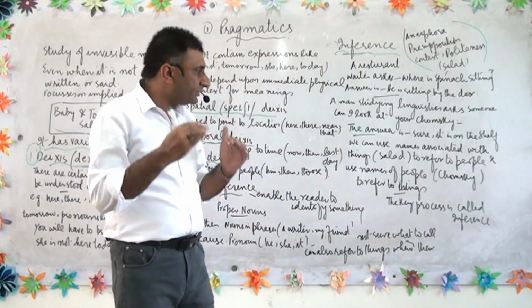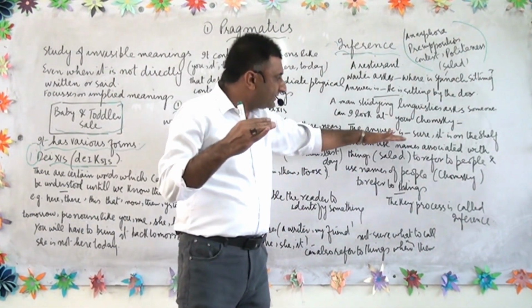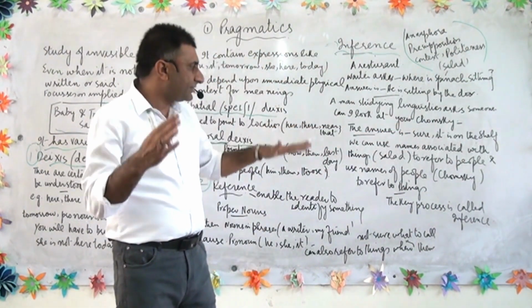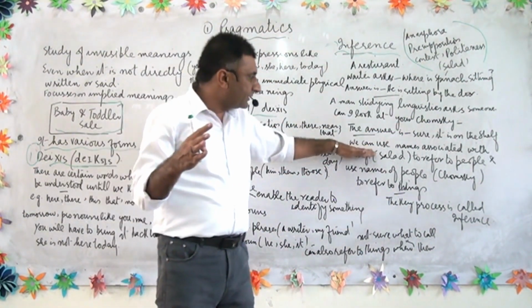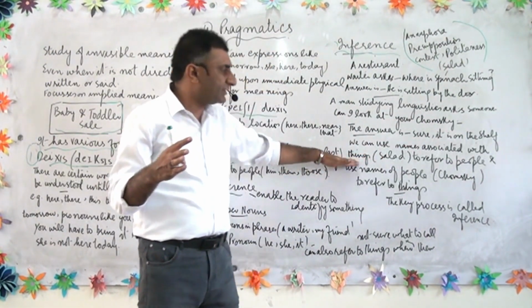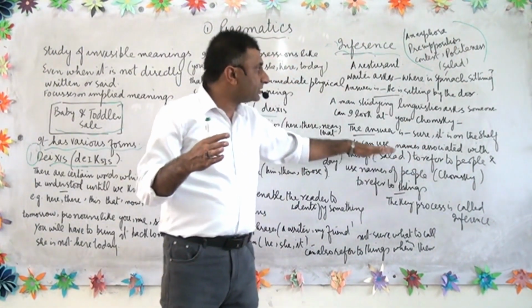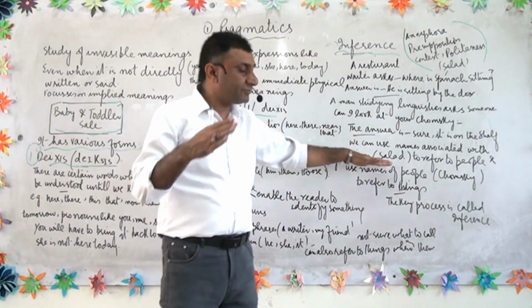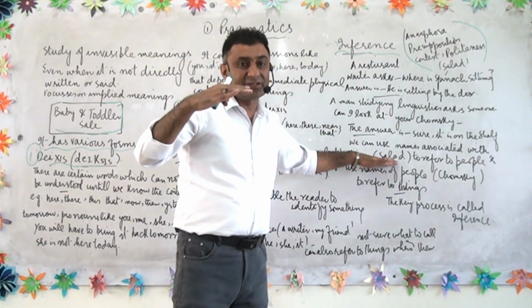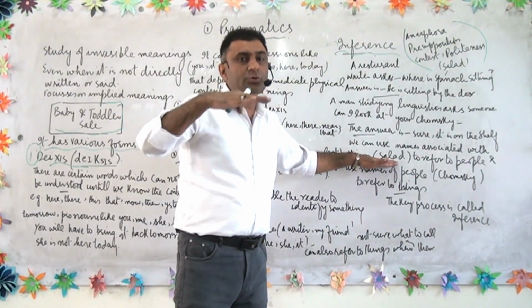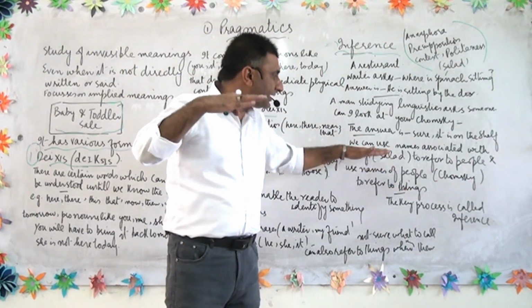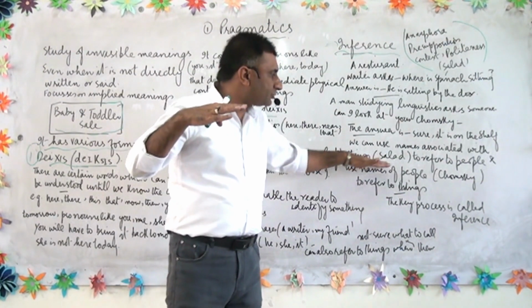We can use names associated with things, for example, salad to refer to people, because the person was asking where salad is sitting. Salad is not going to sit, human beings sit, but we are using it to describe people.